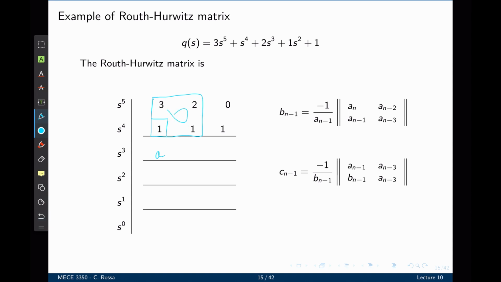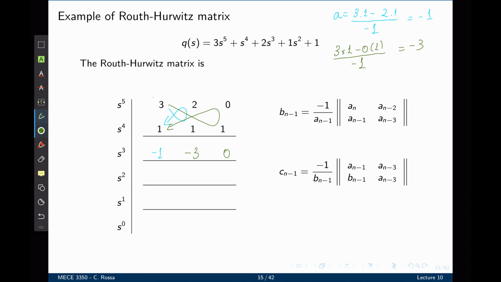So the pattern is here, a equals 3 times 1 minus 2 times 1 divided by -1. And this is equal to -1. If you now go to this cell, we have this pattern, 3 times 1 minus 0 times 1 divided by -1, which is -3. And the next element is clearly 0.